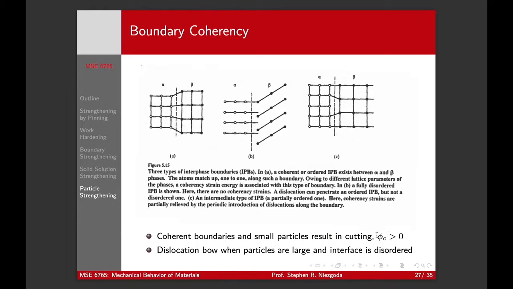This is the critical angle, the angle the dislocation has to bow around the particle in order to cut through. I'm making a hand gesture that you can't see. When the particles are large, or when you have a strongly disordered interface, the dislocations will bow around the particles completely, rather than cut through them.